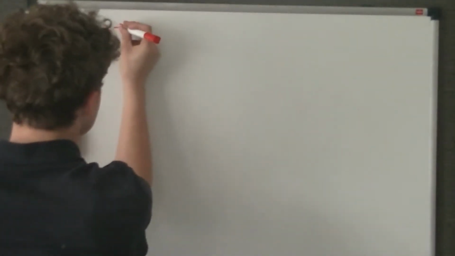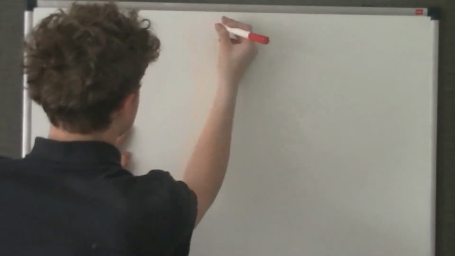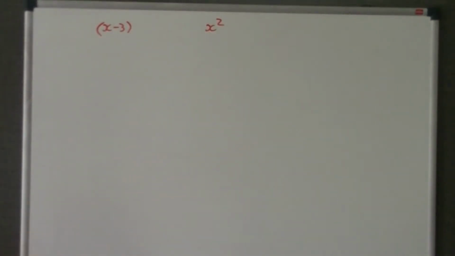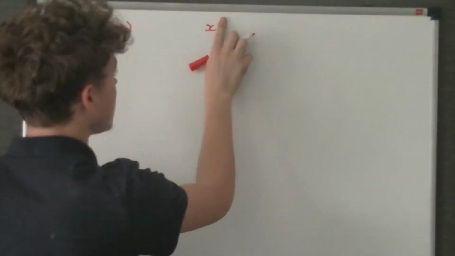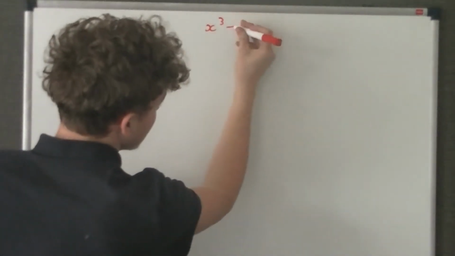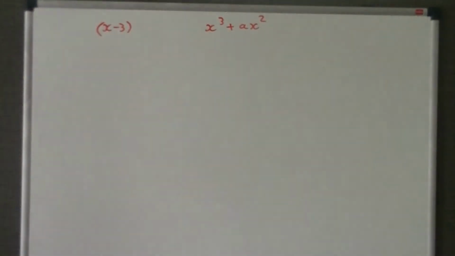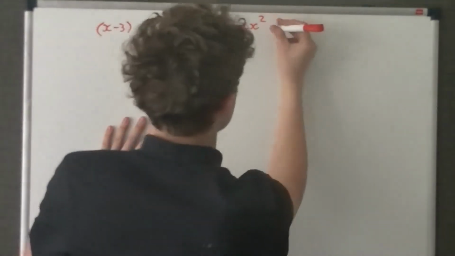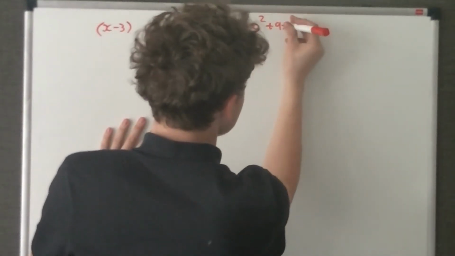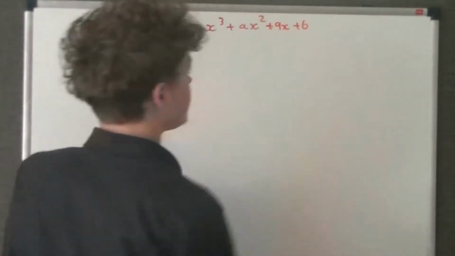It says, x take 3 is a factor of p(x) = x cubed, sorry, plus ax squared plus 9x plus b.